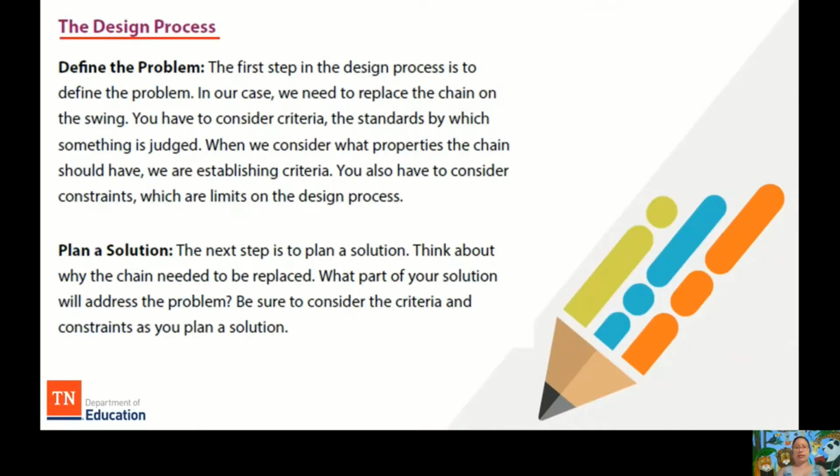All right, so let's take a look at the design process. How does the design process work? Well, first, we have to define the problem. The first step in the design process is to define the problem. In our case, we need to replace the chain on the swing. You have to consider criteria, the standards by which something is judged.